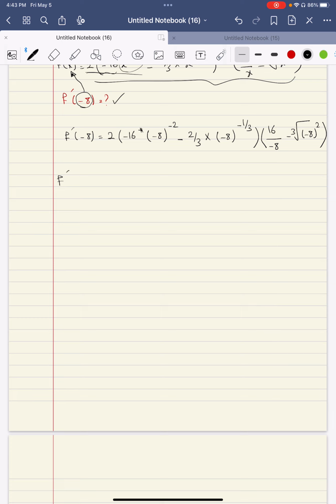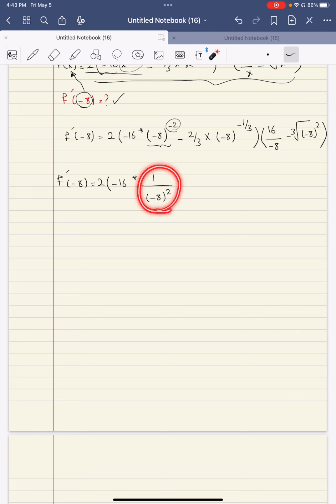So f prime of negative 8 would be 2 times negative 16 times this part in here. You can write the negative 2 in the power as 1 over negative 8 to the power of 2, right? A negative power can be written as 1 over the positive power.